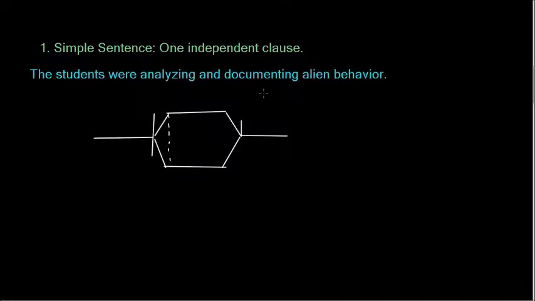But we're going to look for our verbs. Well, it looks like we have 3 verbs here. We have documenting, we have analyzing, we have the helping verb, also a be verb, past tense, were, analyzing, documenting.